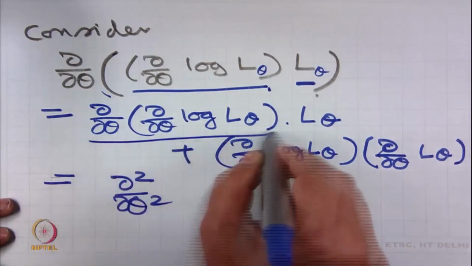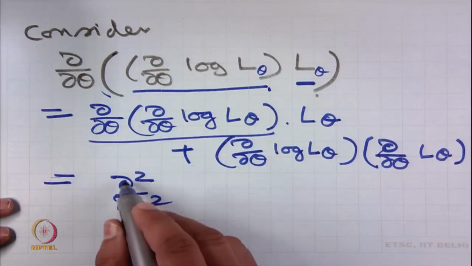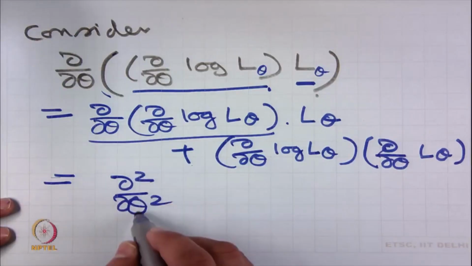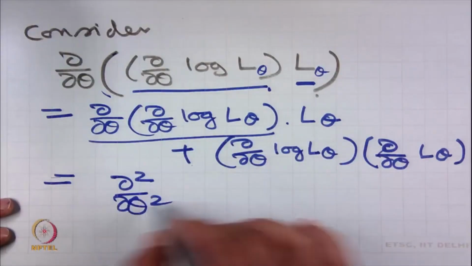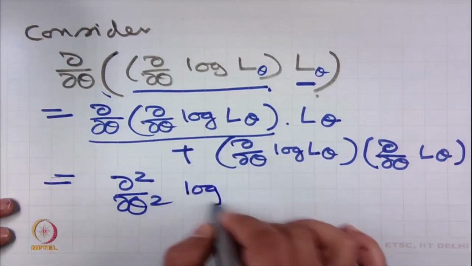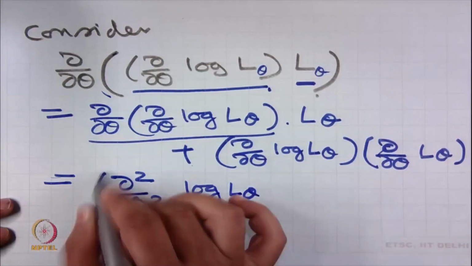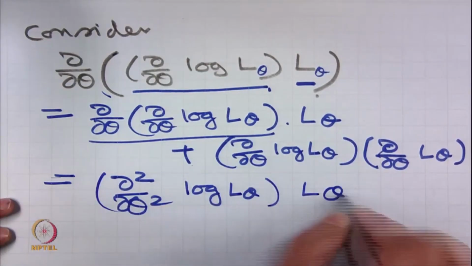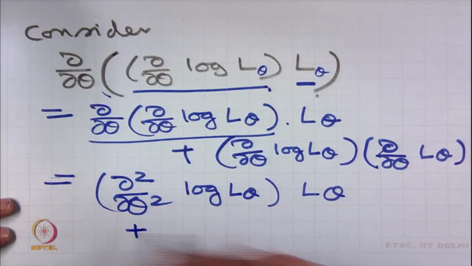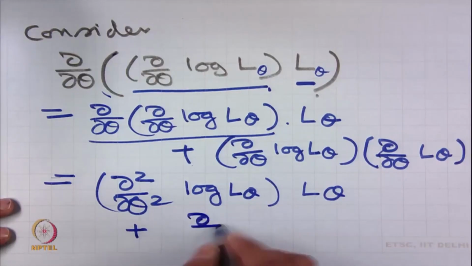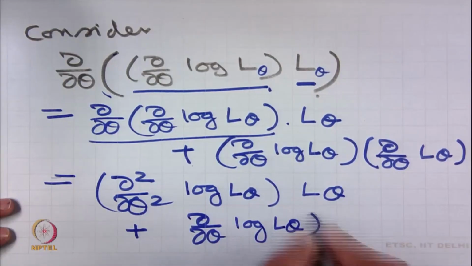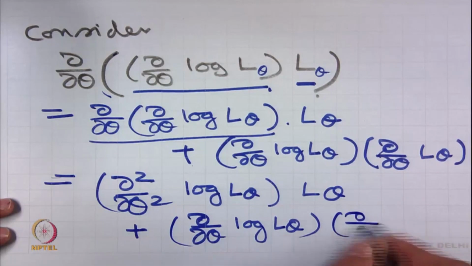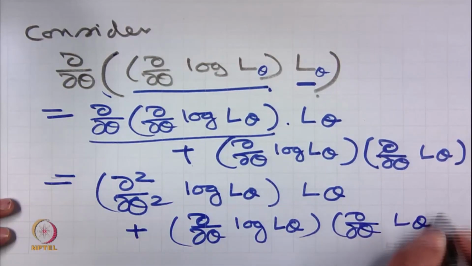This we can write as del square del theta square of log L theta times L theta plus del del theta of log L theta times del del theta of L theta.